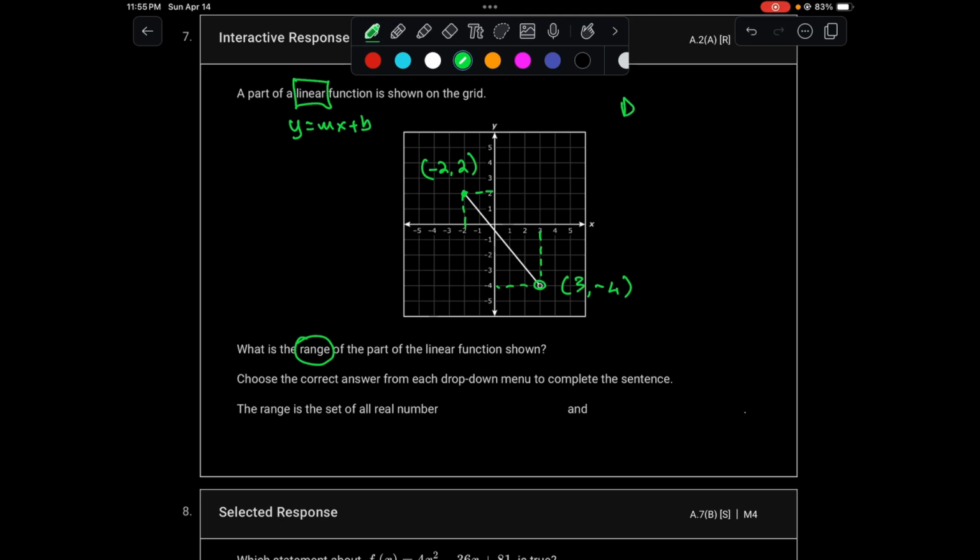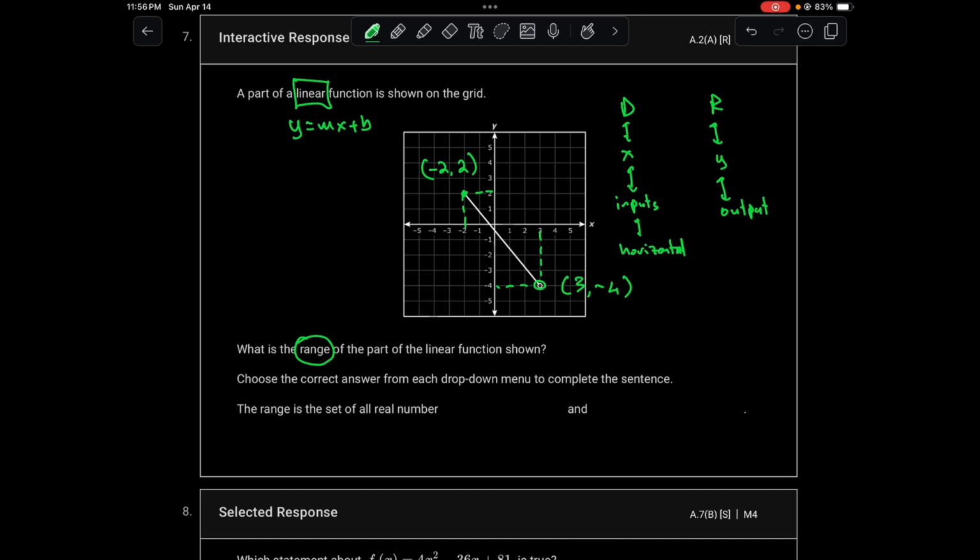Alright, well, domain and range. Domain has to do with x, range has to do with y. Same order as in the alphabet. X goes with D, Y goes with R. X has to do with the inputs, in case the problem calls it inputs or outputs for X and Y. Inputs are on the horizontal.